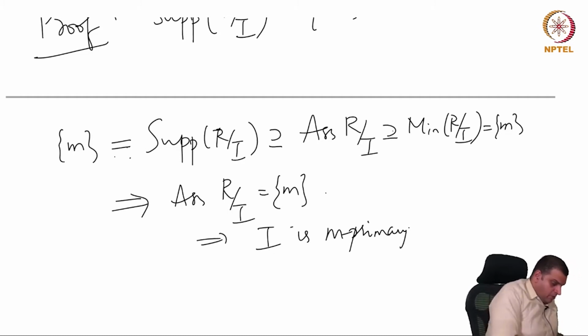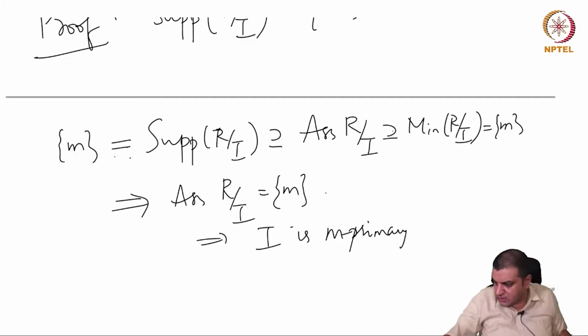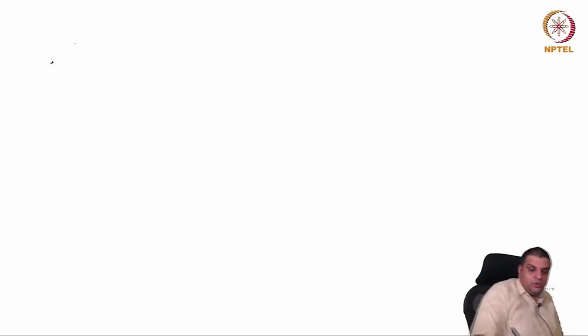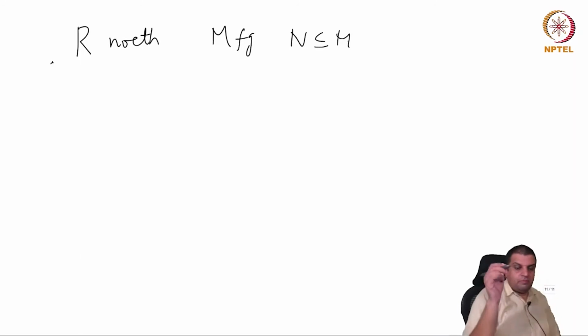So now we would like to understand. Let's step back and look for a minute. What have we proved? The context is R is Noetherian, M finitely generated, and n inside M. We introduced the notion of an associated prime.